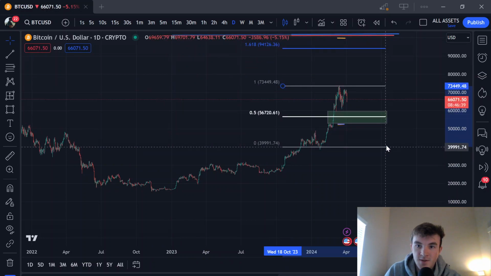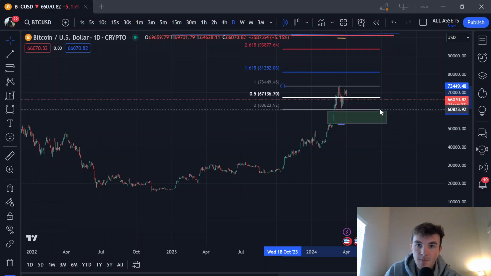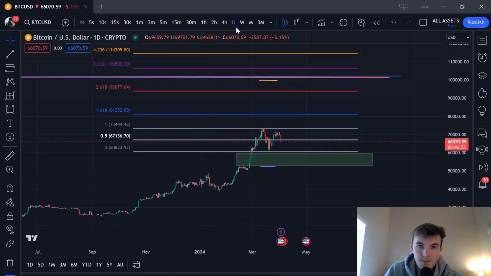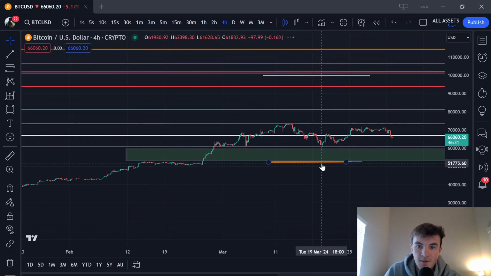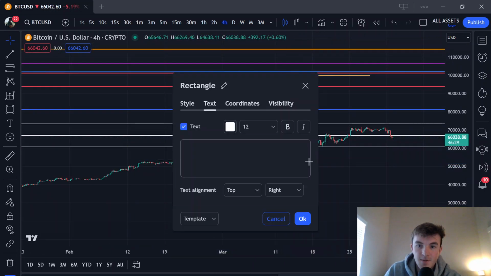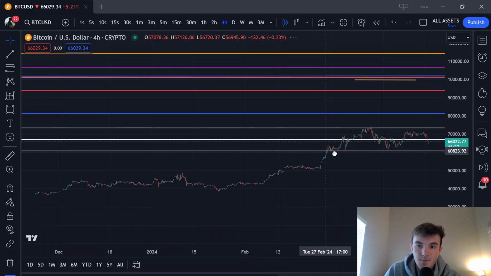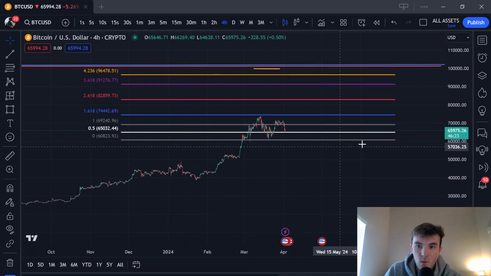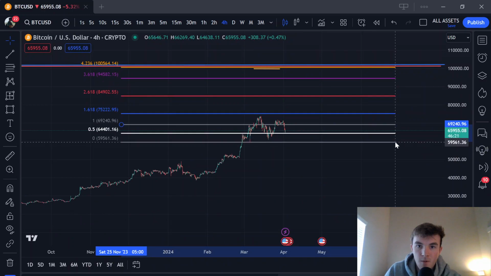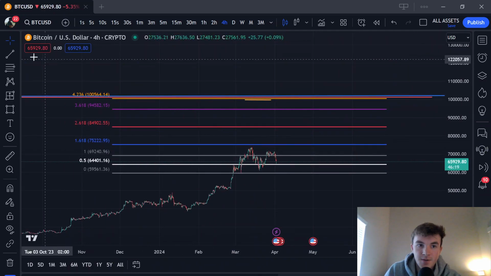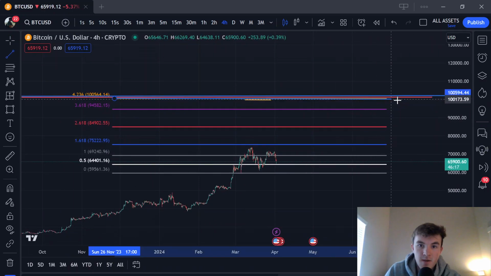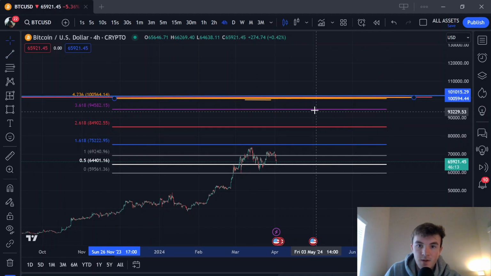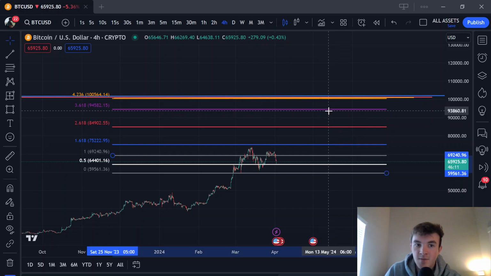If I measure this move down, that didn't get us anything. Let me get rid of this. You can see how the gold one also lines up at 100K. So, like I said, 100K, that's the medium term target.